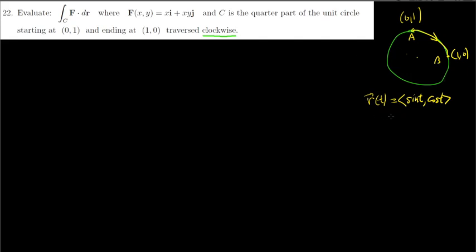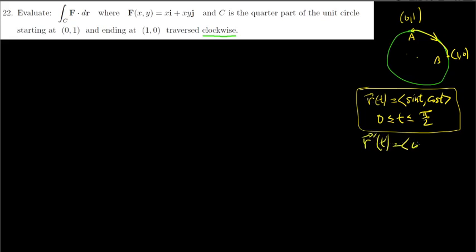Or in that case, from pi over 2 to 0 instead of 0 to pi over 2. So by going clockwise, we'll just do sine and then cosine. And then the derivative will just be cosine, negative sine.